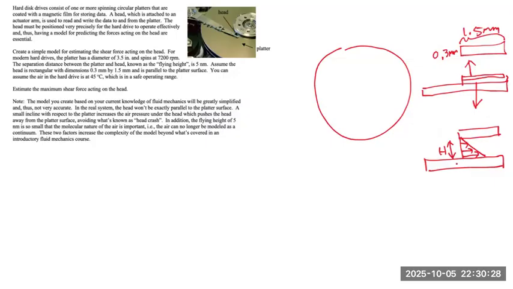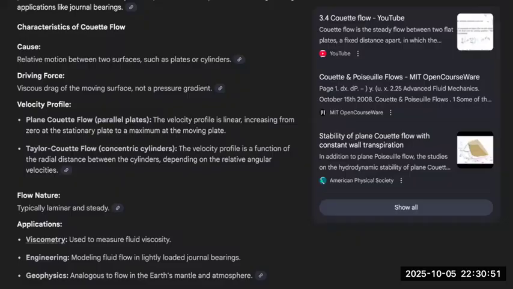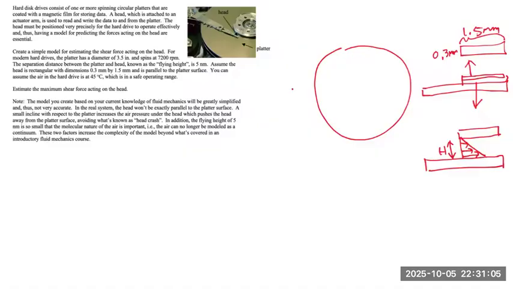Let me see. Yeah, I think the platter is the one rotating. So let's review what Couette flow is. It's linear, increasing from zero at the stationary plate to a maximum at the moving plate. So which one is the stationary plate?